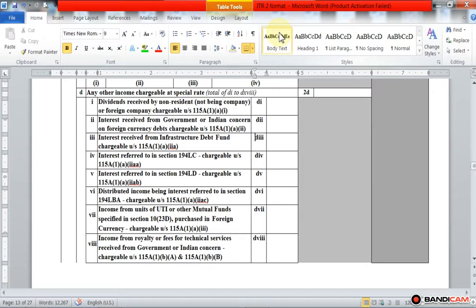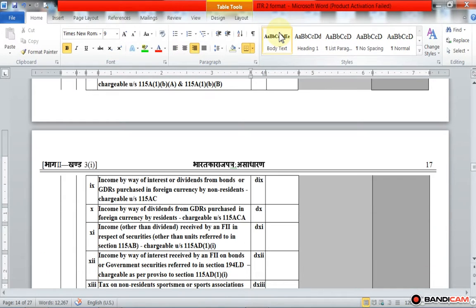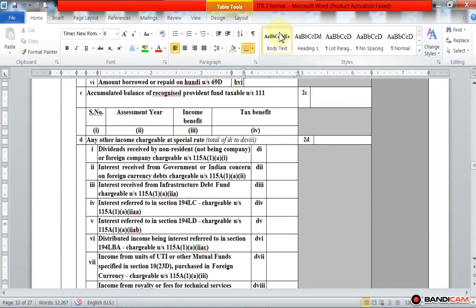If applicable, then we fill it, that is dividend received by non-resident, then interest received from government or Indian concerns on foreign currency debts chargeable under section 115A subsection 1A2. So here no need to read the whole list of income chargeable under any other head.